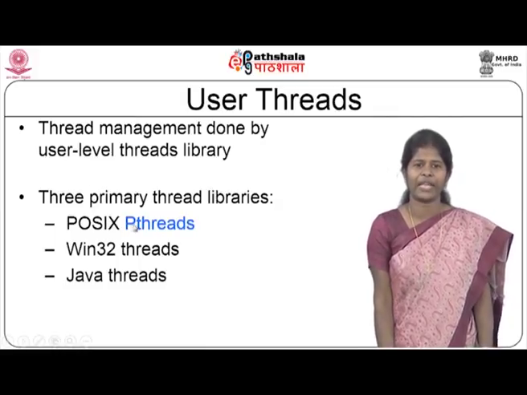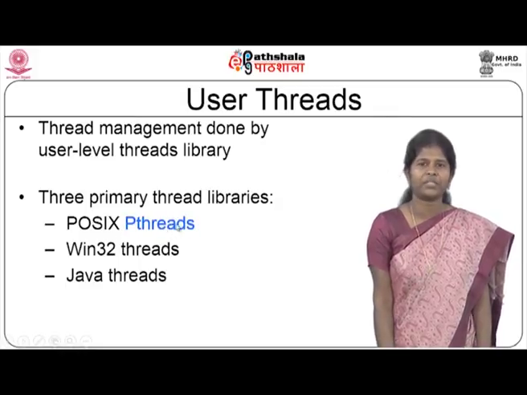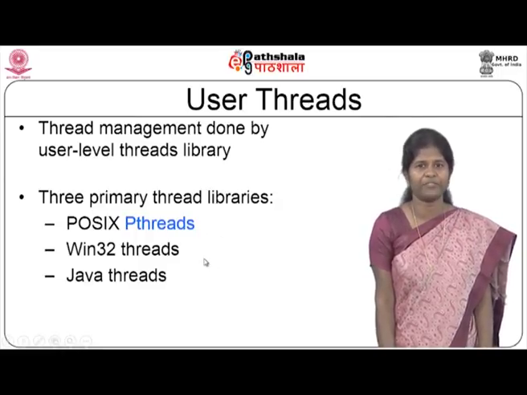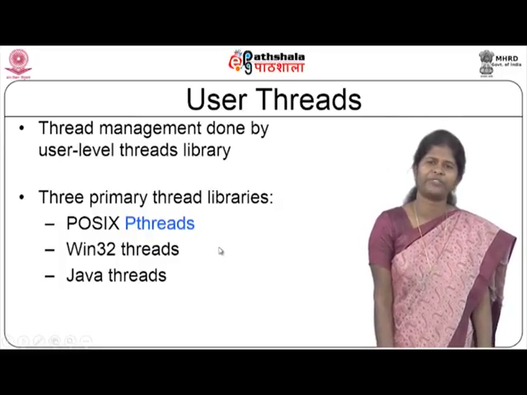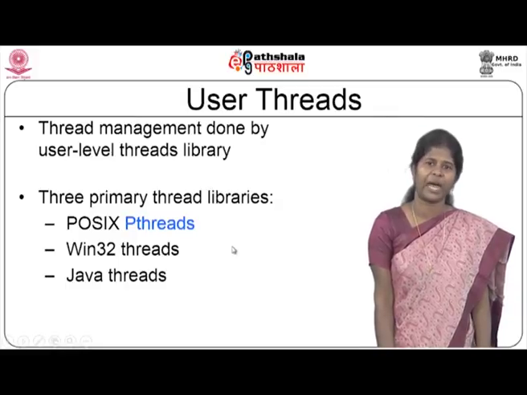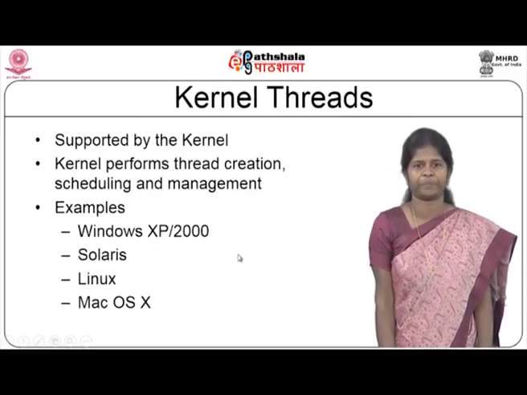Examples of user level thread libraries are Pthreads provided by POSIX, Win32 threads and Java threads. In the case of user threads, the creation of threads, the deletion of threads and the synchronization, everything is managed by the thread library.